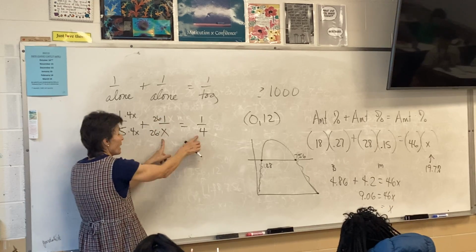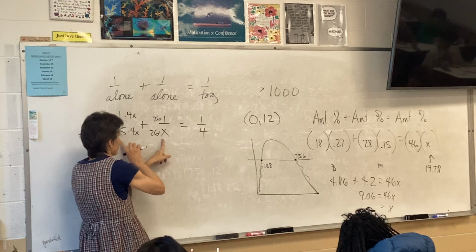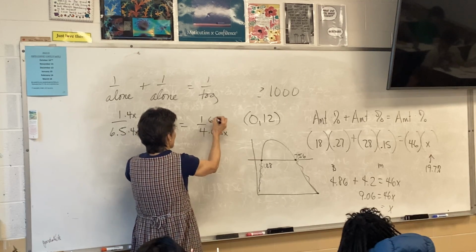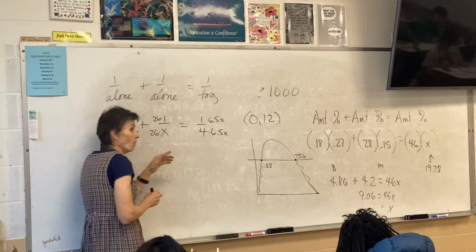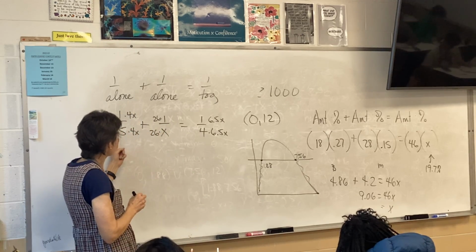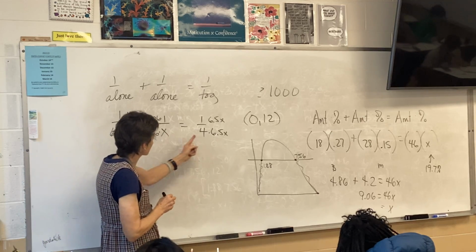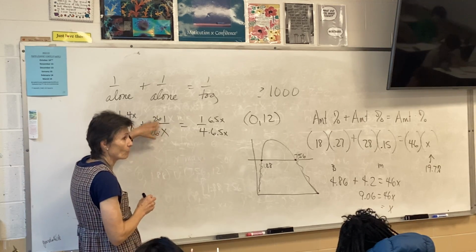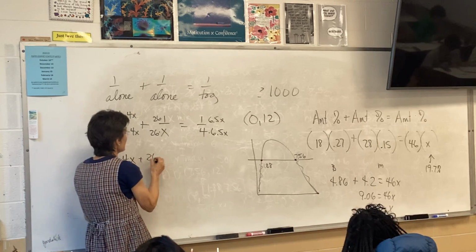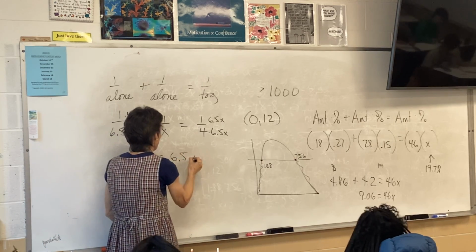That's 4 times 6.5. And this one needs a 6.5x. Now, are all of the denominators the same? Yep, they all have a 4, a 6.5, and an x. Here I just combined the 4 and the 6.5. So 4x plus 26 equals 6.5x.